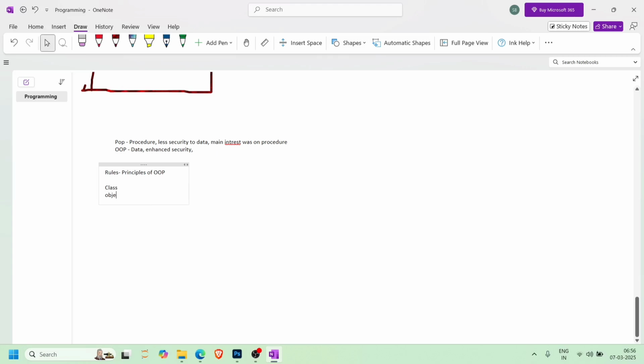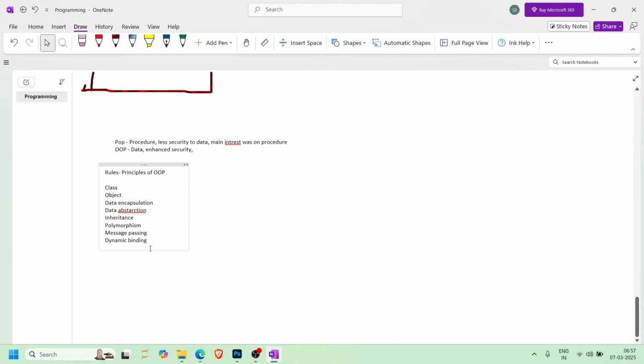Class, object, data encapsulation, data abstraction, inheritance, polymorphism, message passing, dynamic binding.